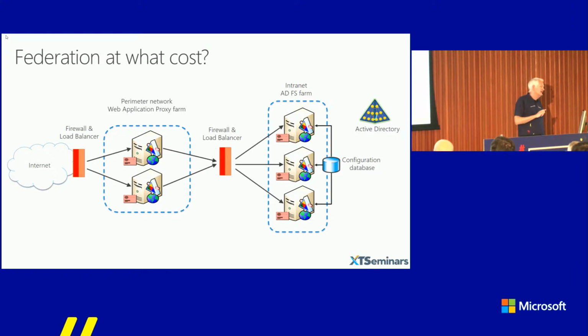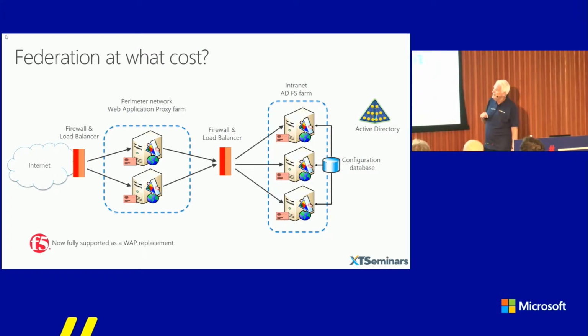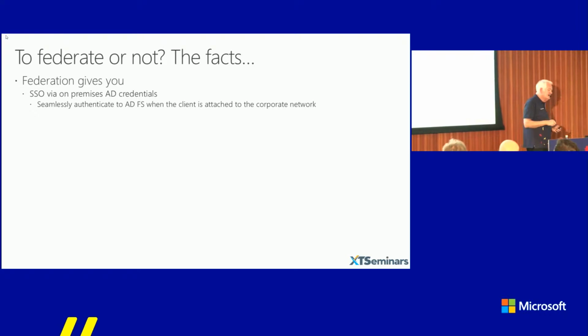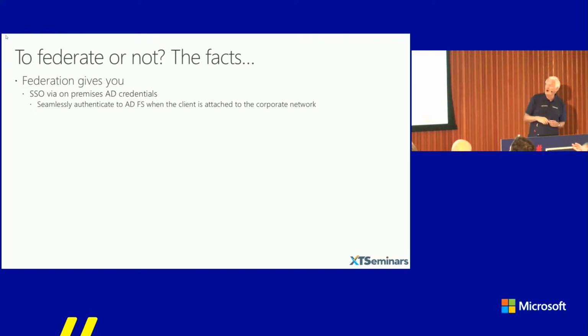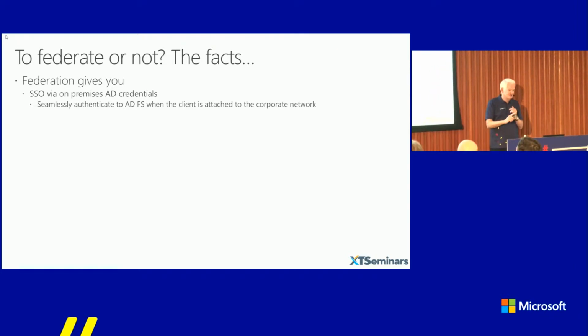However, last week or 2 weeks ago, support for F5 was announced. So F5 is now fully supported as the proxy for ADFS. But there's quite a cost involved in doing this. So the question is to federate or not to federate. Federation gives you SSO via on-premise AD credentials, all right, which was a big driver towards that.